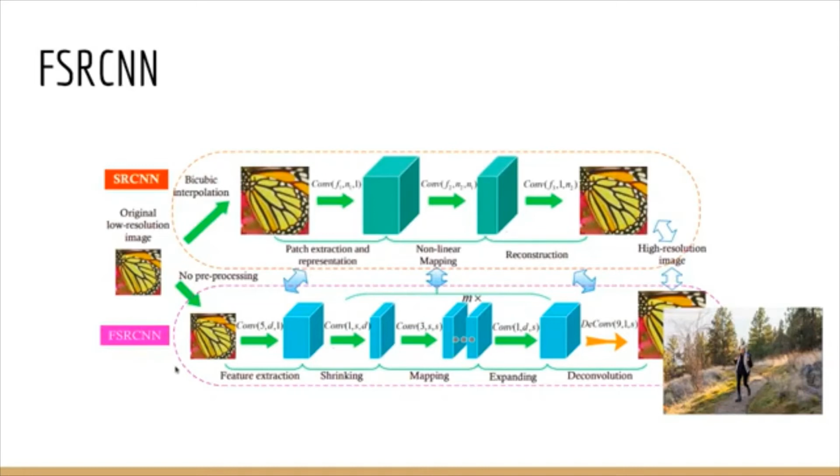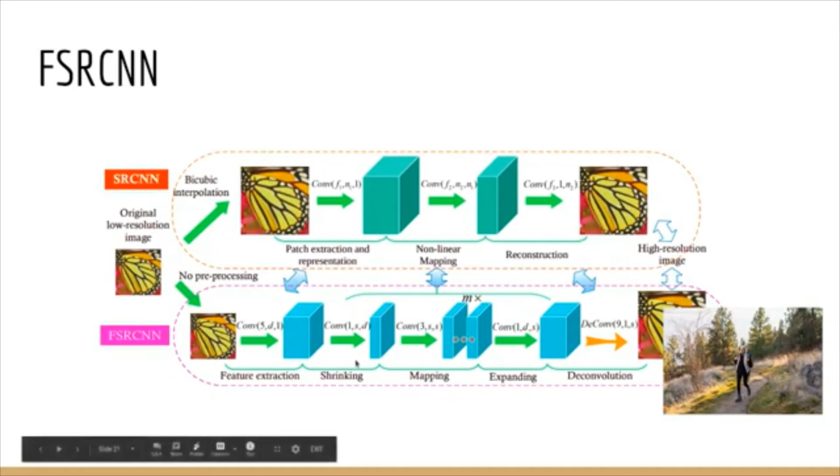With FSRCNN, what happens is you have a feature extraction first, and then you do a shrinking. That is effectively you are doing a downsize of the feature maps.